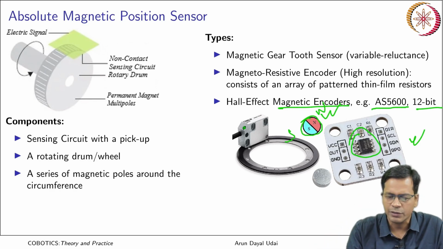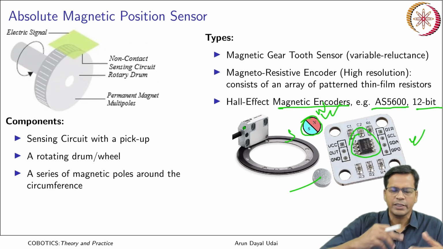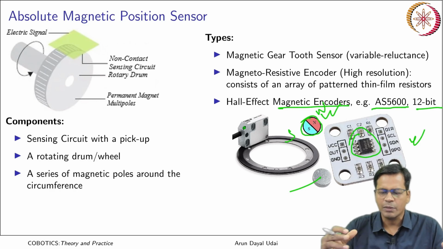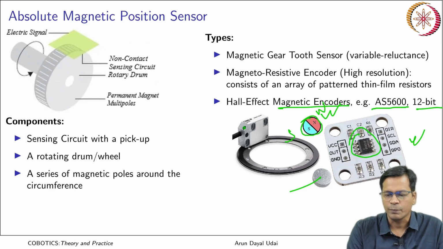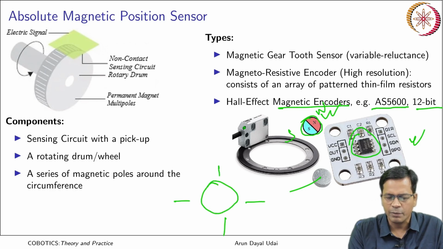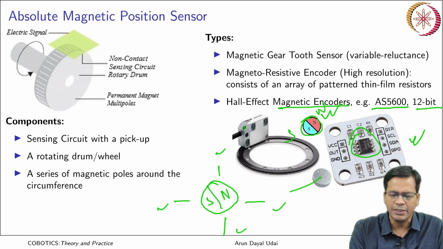This magnet is glued on top of the rotating shaft, so that angular position can be precisely told. It has a set of Hall effect sensors, so based on the angular position of the north and south pole, depending on what the individual Hall effect sensor reads, it detects the angular position of this magnet.